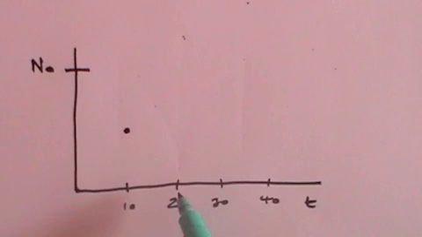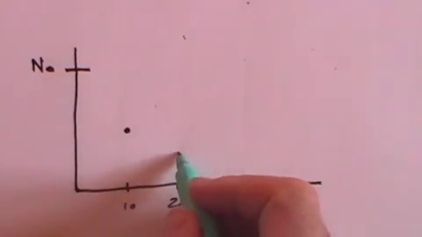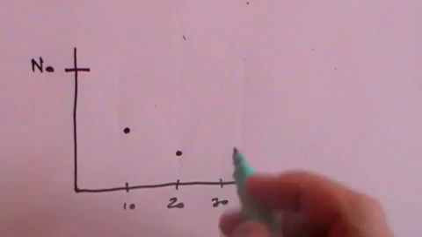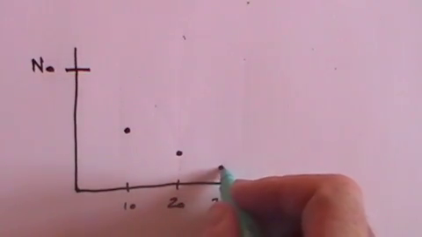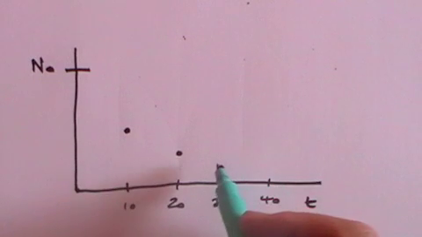Does that mean that after 20 seconds you don't have anything at all? No, it means that after 20 seconds, in other words after a further 10 seconds, you have half what you had at the beginning of that time period. And then at the next 10 seconds, i.e. at 30 seconds, you'll have half of what you had at 20 seconds, because the half-life is every 10 seconds.